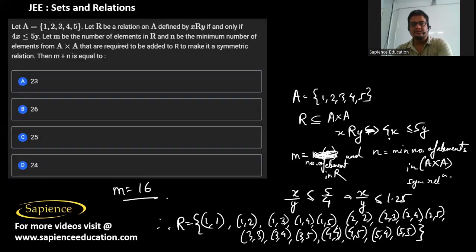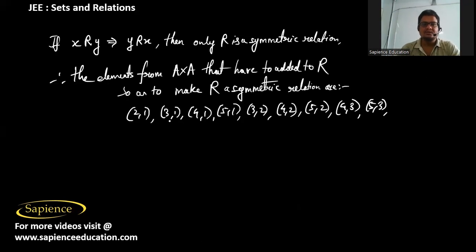Only these. So it means 1 2 3 4 5 6 7 8 9. Therefore n is equal to 9. So 9 elements have to be added.